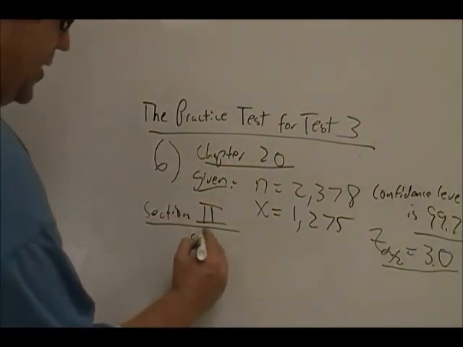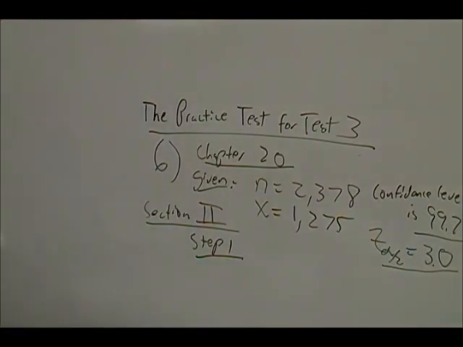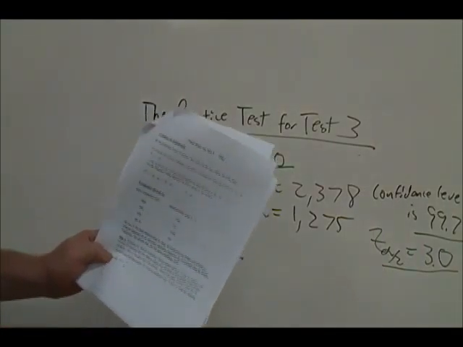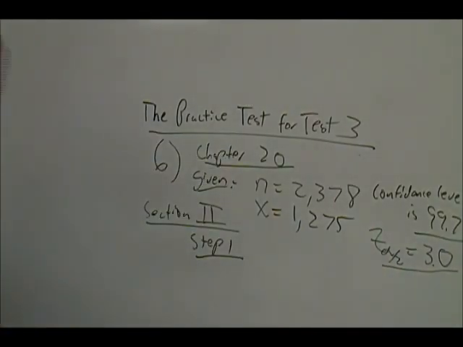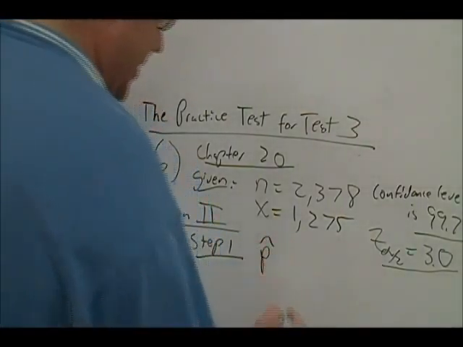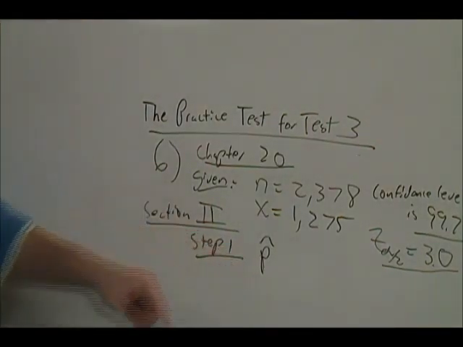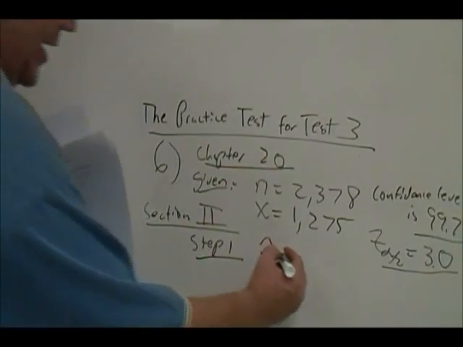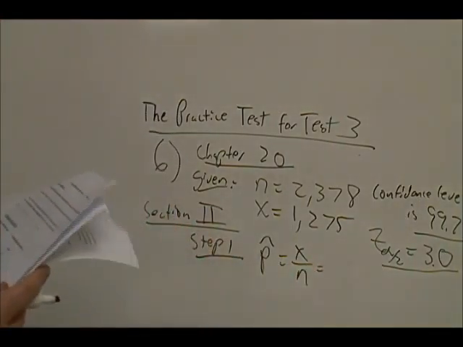If we look at step 1, the first thing you do is, excuse me, I'm ahead of myself. The first thing we do is we use X and N to calculate the sample proportion. That's the proportion of the sample that said they voted for Bill. And we call that P hat. So our sample proportion would then be X over N. And we'll round that to 4 significant figures.